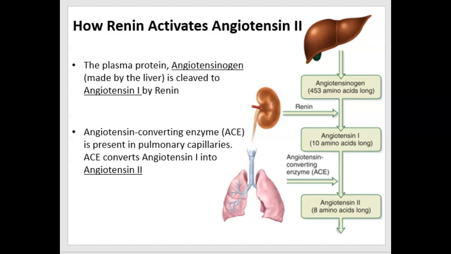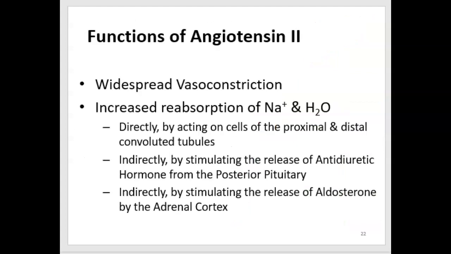But angiotensin II has an effect on blood pressure, not only through vasoconstriction, but also by affecting glomerular filtration. So here are the functions of angiotensin II. Widespread vasoconstriction. That would include the afferent arteriole, so it would increase net filtration pressure.